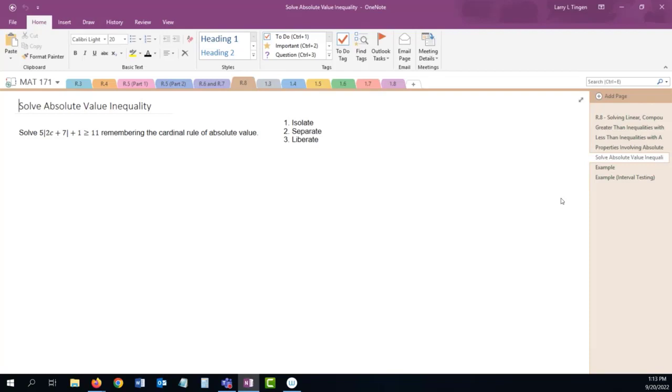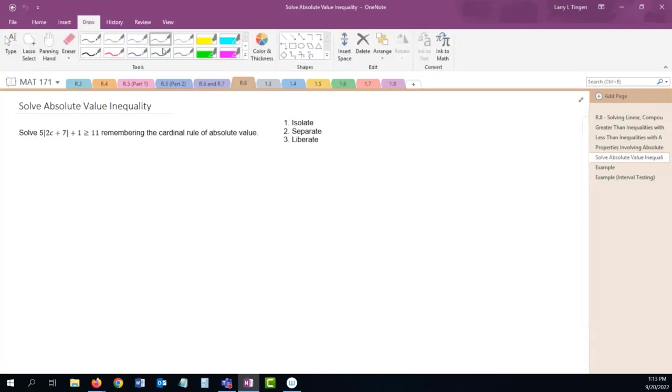Okay, so let's tackle these and see what we come up with. I'm solving 5 times the absolute value of 2c plus 7, plus 1, is greater than or equal to 11. Since we're at the beginning of class and getting our minds warmed up, let's remember exactly what's going on. I'm asked to solve this inequality.